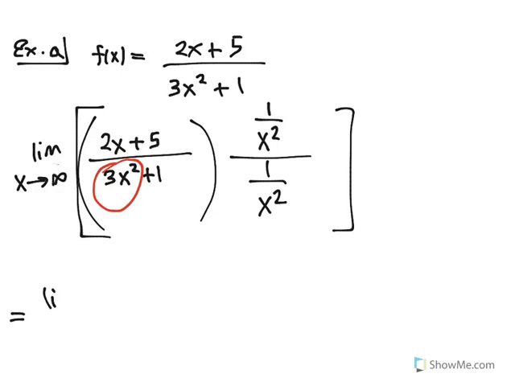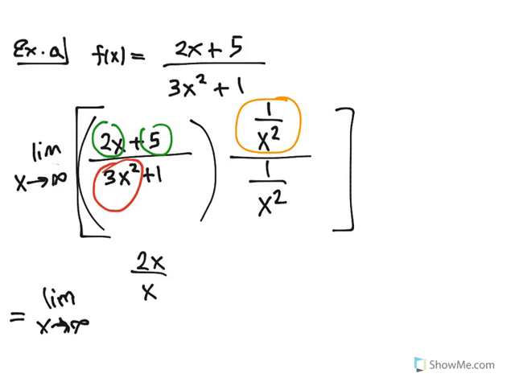We're going to have the following. We have the limit as x goes to infinity, and multiply the two terms in the numerator by 1 over x squared. So when you do that, you get 2x over x squared plus 5 over x squared. And in the denominator, do the same thing.